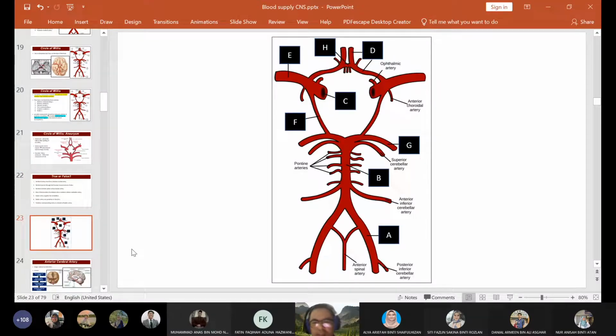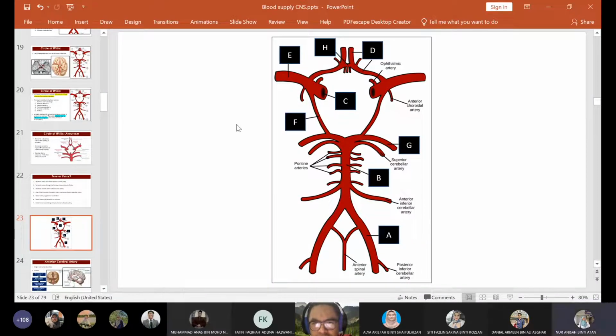Now let's try. What is A? Vertebral artery. B? Basilar artery. Very good. How about C? Internal carotid artery. Very good. D? Anterior cerebral artery. E? Middle cerebral artery. F?